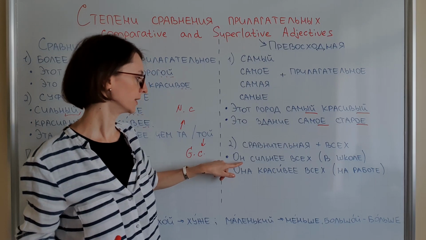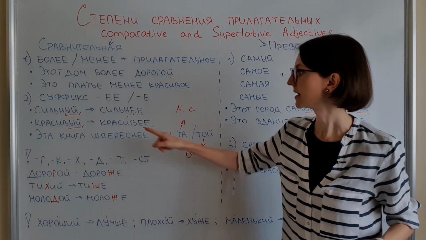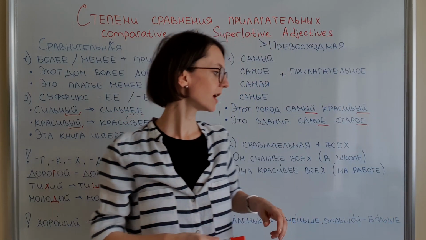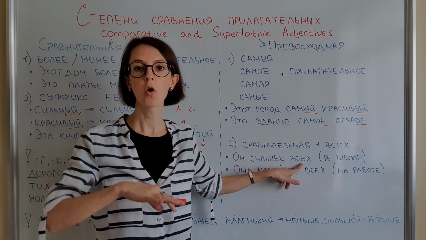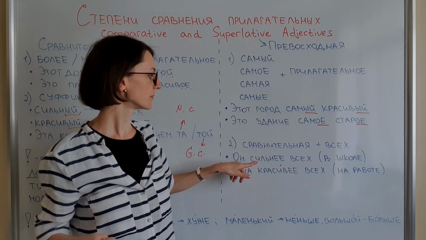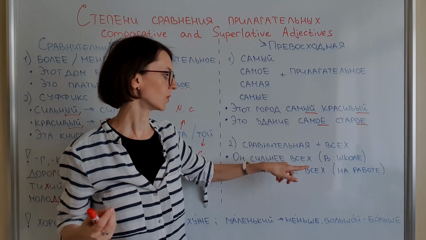So here он is our subject. Сильнее, this is the comparative form of the adjective. And then we used всех, of everyone or among everyone. He is the strongest of everyone.